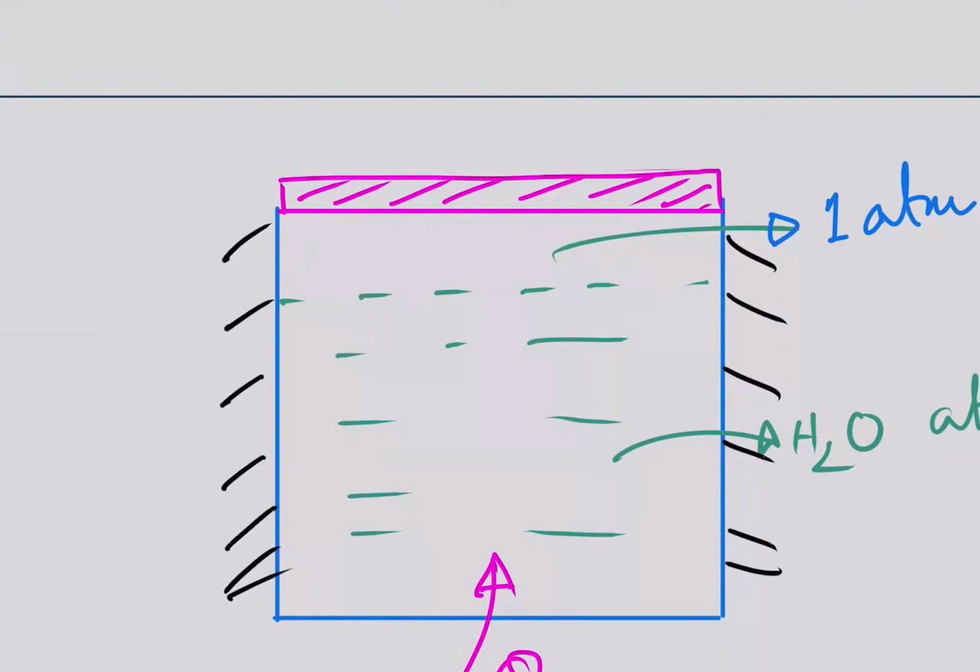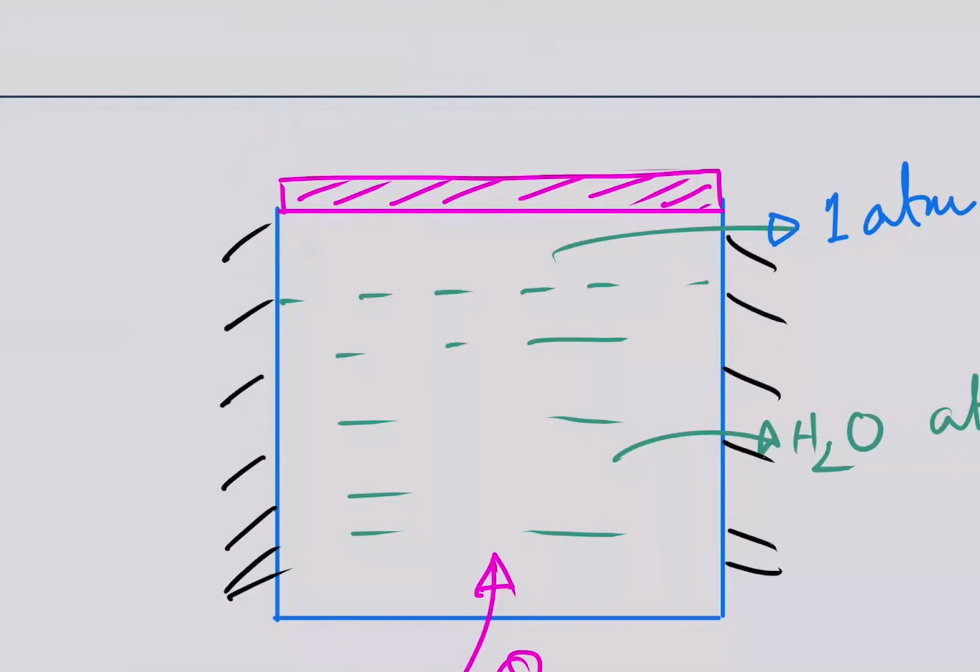Yes, since saturation pressure is increasing, the saturation temperature will also increase during the phase change. Okay.